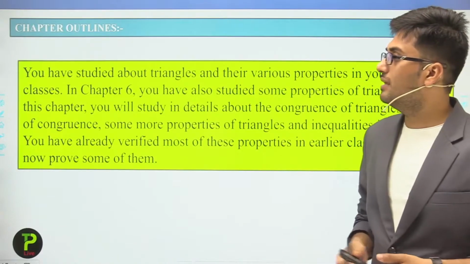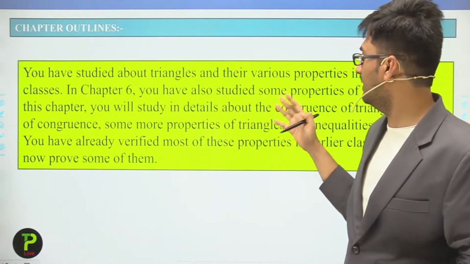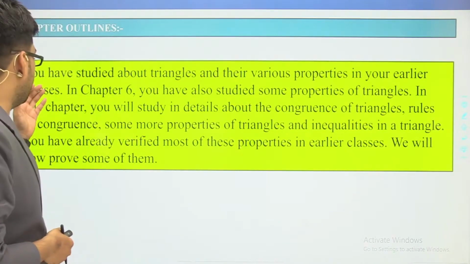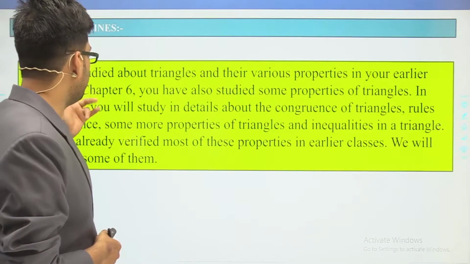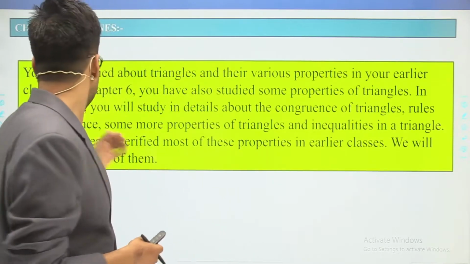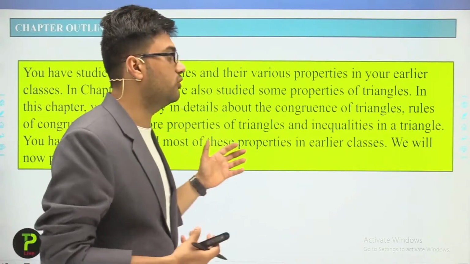So students, now let's discuss this chapter outline. You may have studied triangles and their various properties in previous classes. In chapter 6 you also studied some properties of triangles. In this chapter you will study in detail the congruency of triangles.